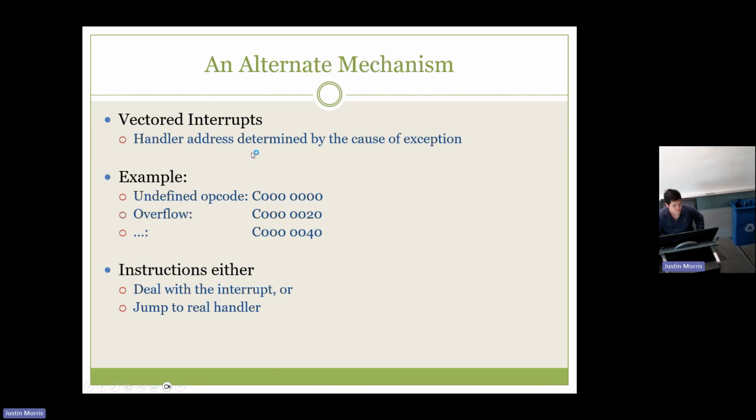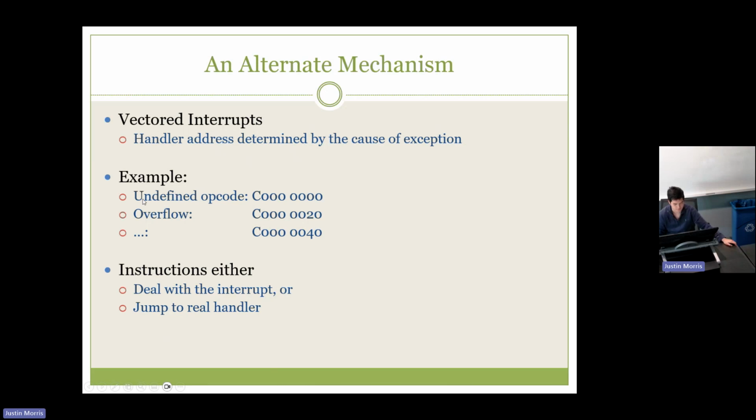Alternatively, we can have these vectored interrupts. Rather than just having one handler for all these different kinds of interrupts or exceptions, vectored interrupts means that based on the exception or the interrupt, there's a different handler that would work on that problem.